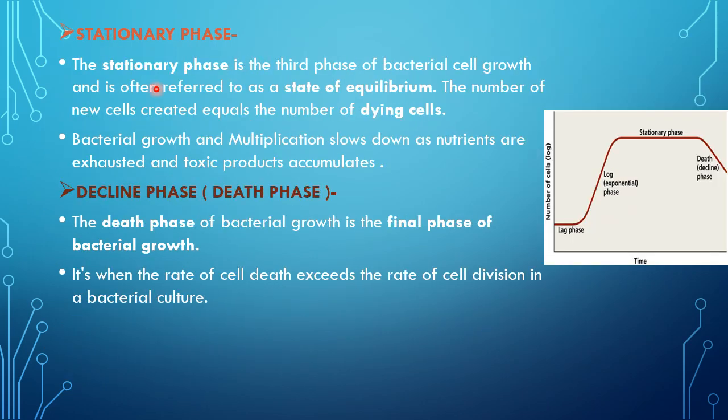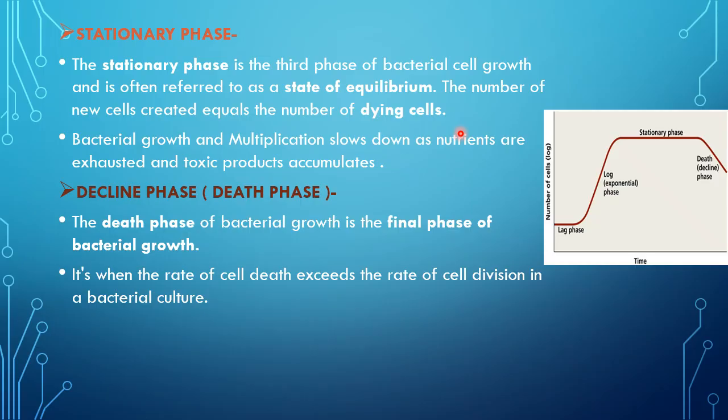Then stationary phase. The stationary phase is the third phase of bacterial cell growth and is often referred to as the state of equilibrium. The number of new cells created equals the number of dying cells. Now the bacteria have utilized as much nutrients as they can and the nutrient level has come down. As a result, the cells are dying and toxins are getting accumulated.